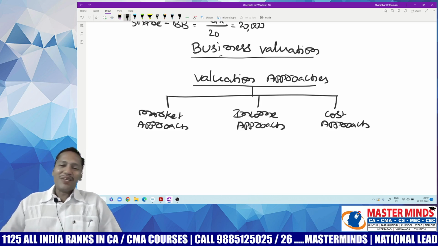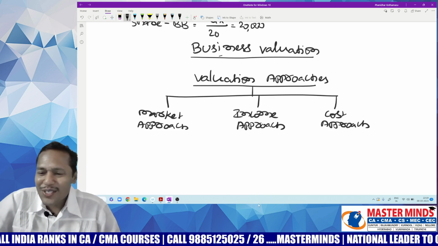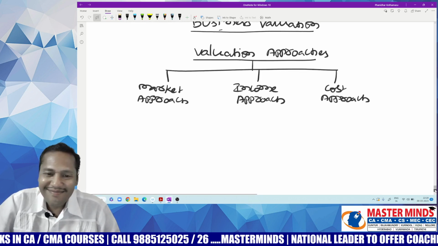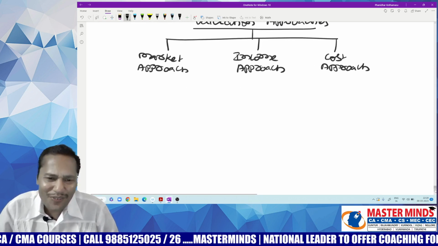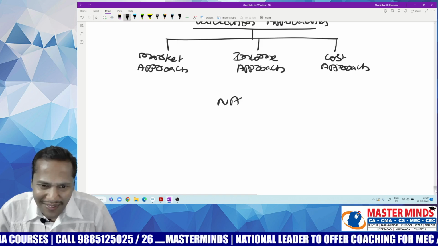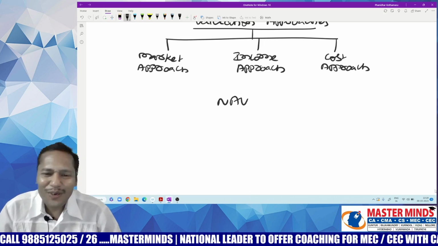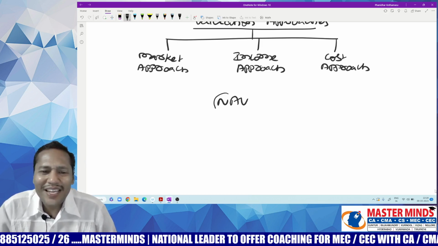And apart from these three approaches, there is always a chance of valuing the business based on net assets value. Net assets value, all of us know, is nothing but total assets minus external liabilities.